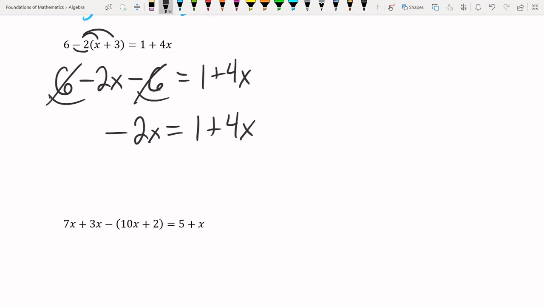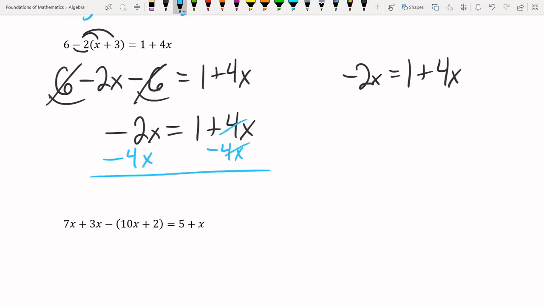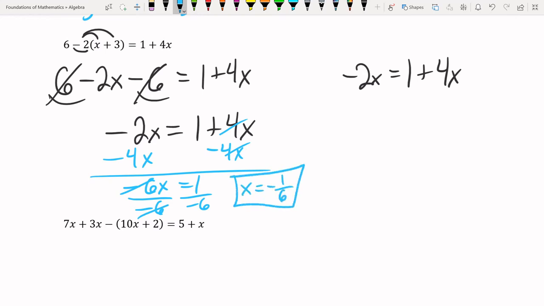I'll do it in blue here, and then I'll do it in green on the other side. So I'm going to subtract 4x, subtract 4x. That gives me negative 6x equals 1, and then divided by negative 6, which gives me x equal to negative 1/6. So that's what we're looking for in this second way.